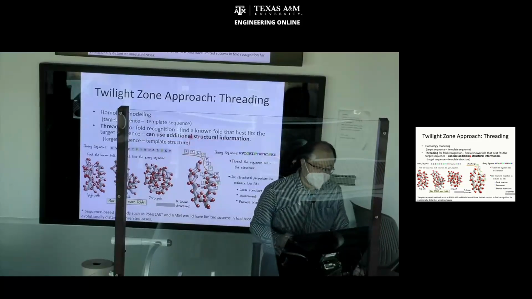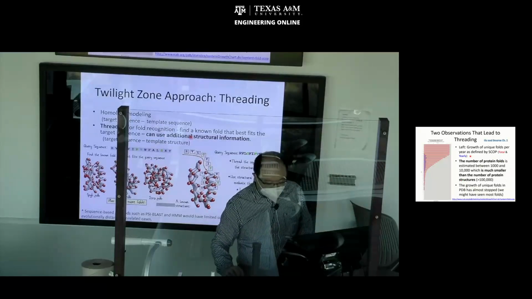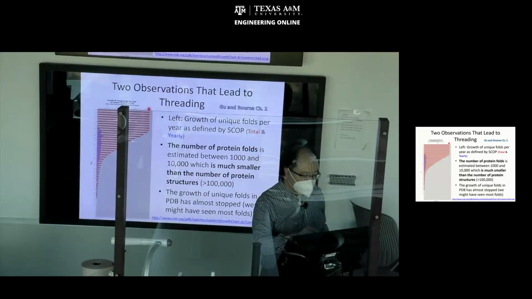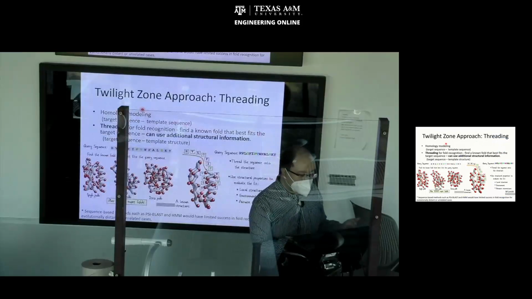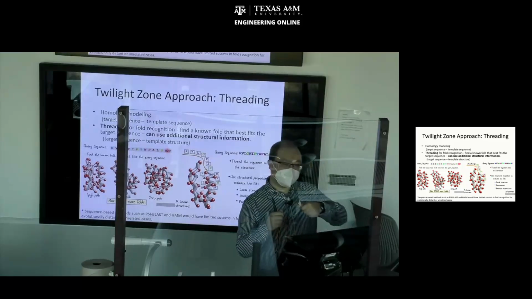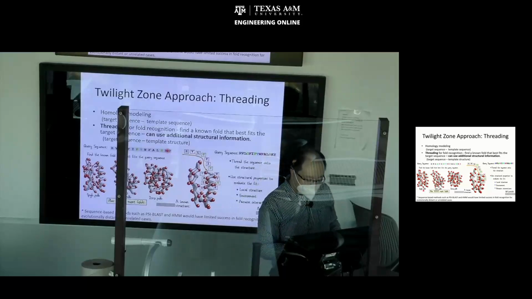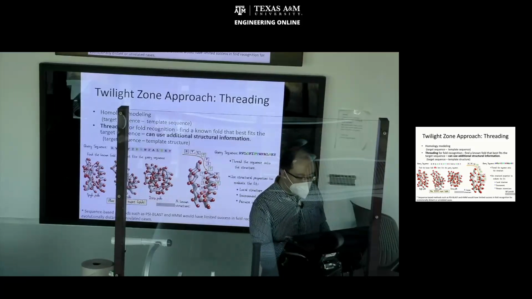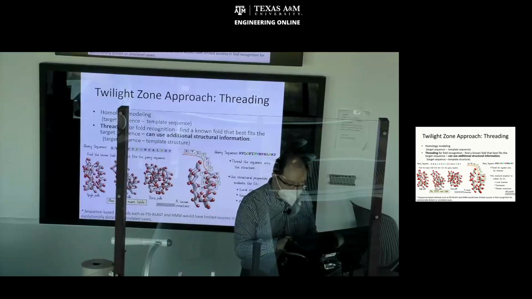If there are only 3,000 folds in nature, and most likely we have seen all of them, then we can regard the query sequence like a string, and thread the query sequence to each of the folds and see how much the query sequence likes the fold or not.